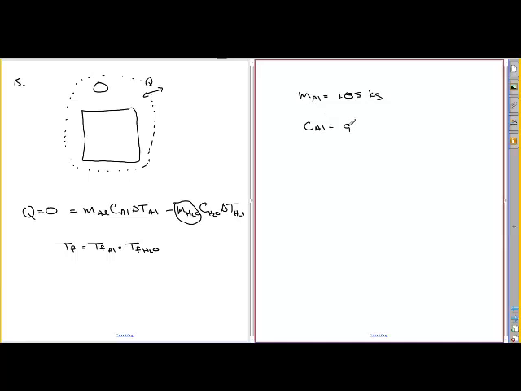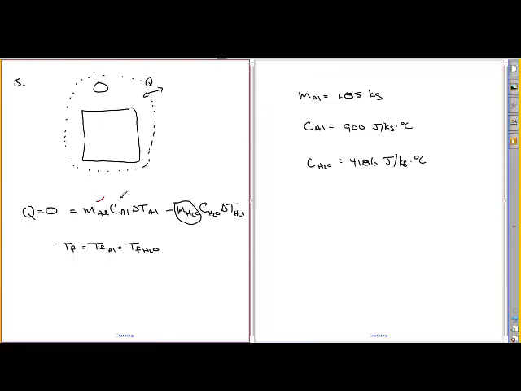Specific heat of aluminum is 900 joules per kilogram degree C. Specific heat of the water is big, 4,186 joules per kilogram degree C. Okay, so we got that.